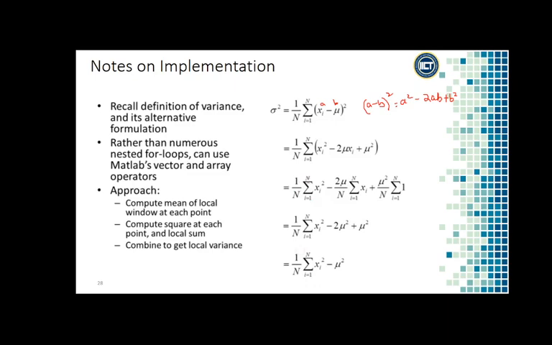This is 1 upon n, summation i equals 1 to n of xi square, and as I recall previously, if we do not have the ith term, we can take those terms out of the summation. So 2 and mu do not have an i term, so we can take 2 mu out of the summation. So this will be 2 mu divided by n, and summation of xi values.